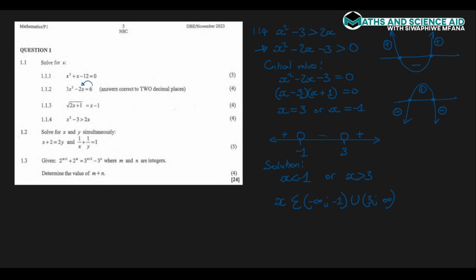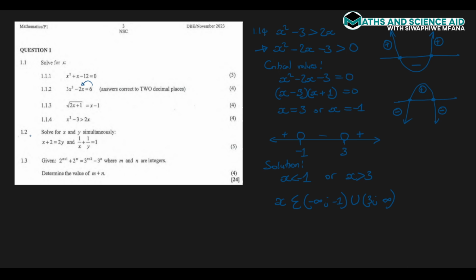And we are using the rounded brackets because -1 and 3 are not included in the solution, or in other words, there is no "or equal to" symbol in this inequality, right? And for infinity, we always use the rounded brackets. So that's how you can answer questions like 1.1.4.